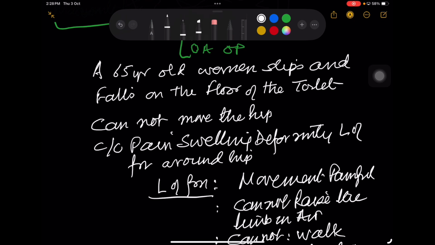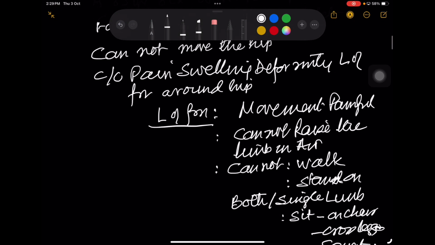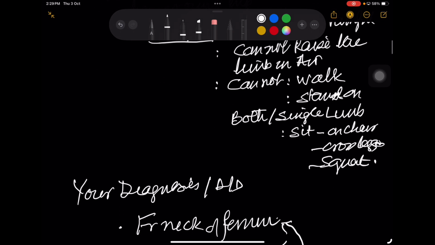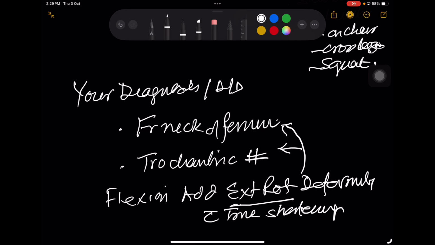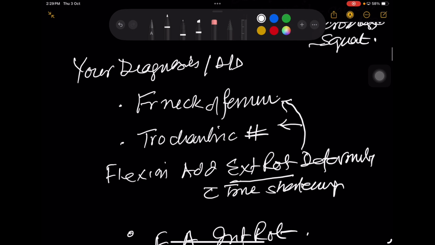Alright? So she fell, she cannot move the hip, cries with pain when you try to move her, has pain, swelling, deformity, loss of function around hip. I have defined what loss of function is. You examine the patient, there is a flexion, adduction, external rotation deformity with true shortening above the trochanter.